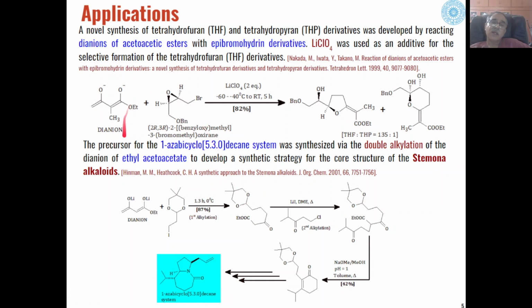So ethyl acetoacetate alkylation can be used for synthesis of different types of heterocycles, and these types of reactions can be used for development of the core structure of stemona alkaloids.